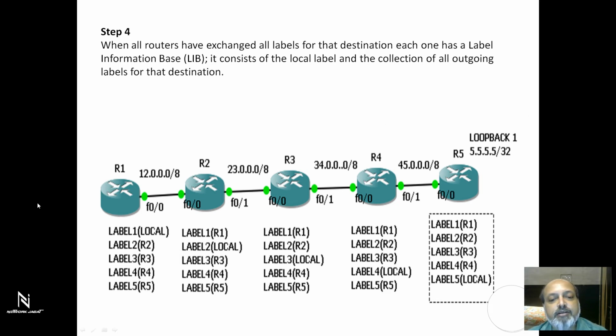So the label information base collection can take up a substantial amount of router memory also. For this reason, MPLS is not possible if you are going for very low-end routers.